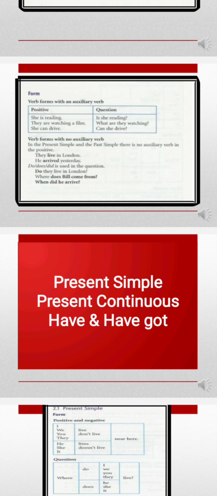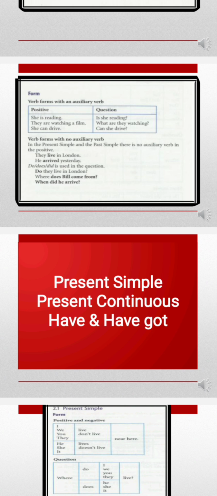Verb forms with no auxiliary verb. In the present simple and the past simple, there is no auxiliary verb in the positive. For example, they live in London. He arrived yesterday.